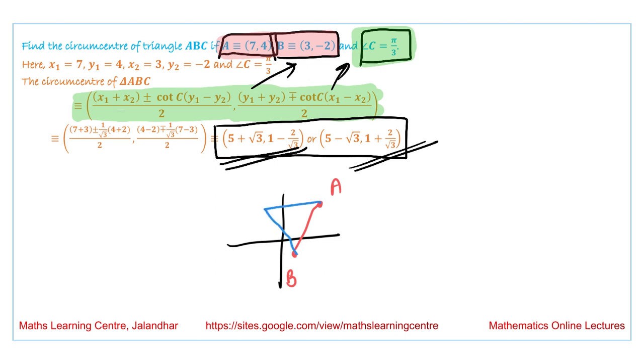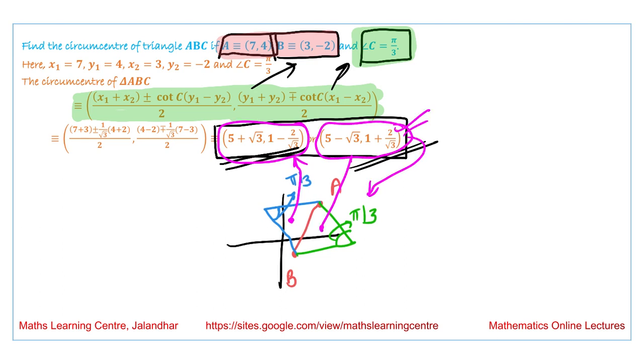Either the triangle can be in this form where this angle is pi by 3, or the triangle can be over here, where this angle is again pi by 3. For one triangle this will be the circumcenter, and for the second triangle this will be the circumcenter, and this is the reason why we are getting two answers in this case.